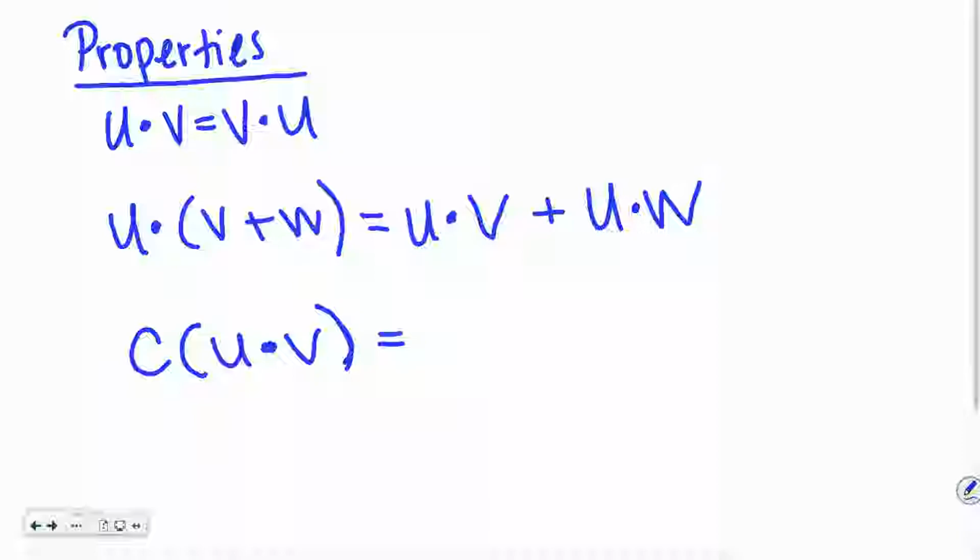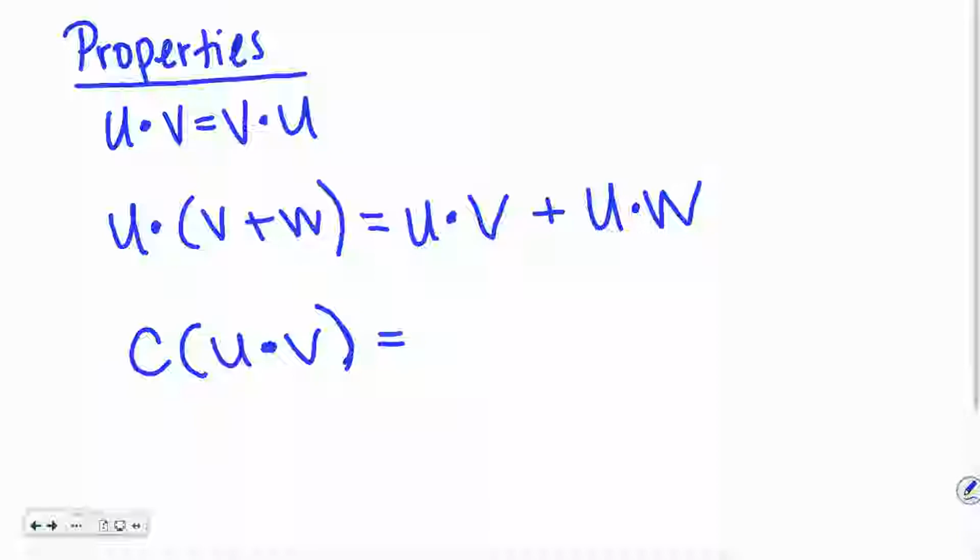Okay, c is a constant. What are all the operations happening in this property? You got a scalar going on after the product. And what is the operation attached to the scalar? Multiplication. So we are multiplying, right? If I asked you to do 2 times 3 times 5, would you do 2 times 3 and 2 times 5?